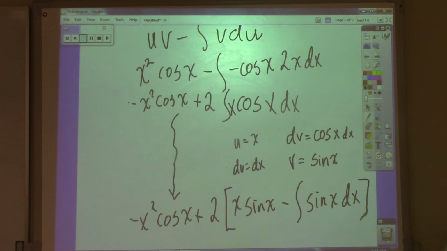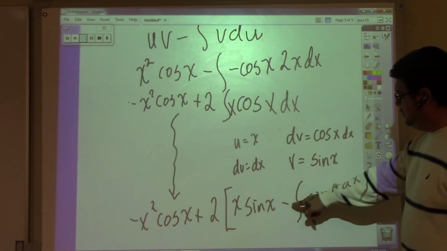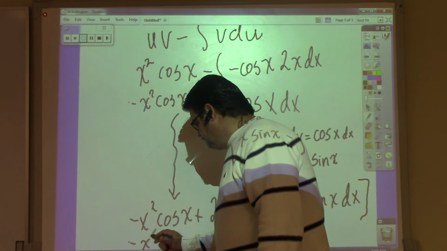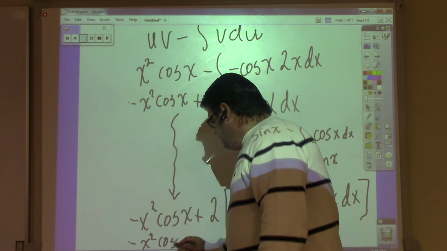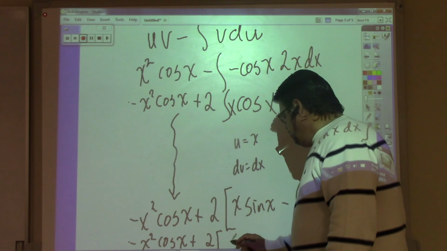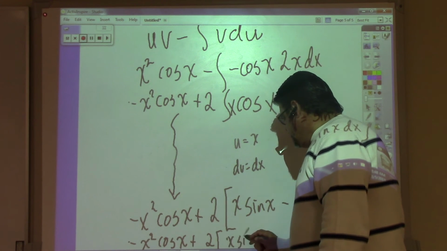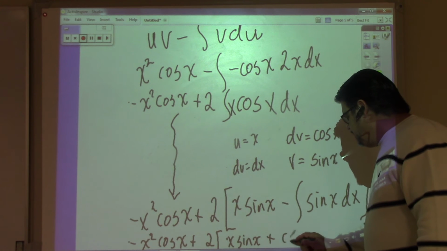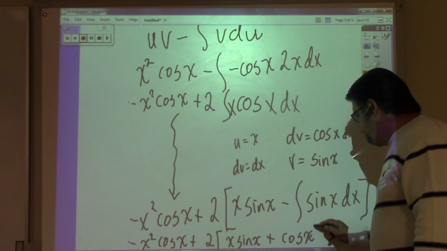And what is the antiderivative of the sine of x? Negative cosine, which will make that positive. So your final answer should be negative x squared cosine of x plus 2x sine of x plus 2 cosine of x.